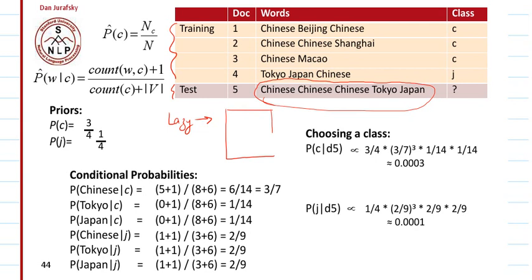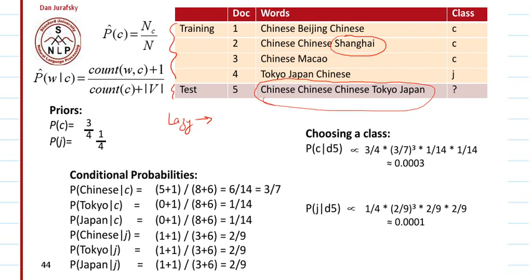That is the parameter table. We won't be calculating these parameters for all the training data. The reason is that for a given test document we don't need to calculate all the parameters. Like we have this Shanghai, we don't need to calculate the conditional probability of Shanghai, because it does not appear in the test document, right?